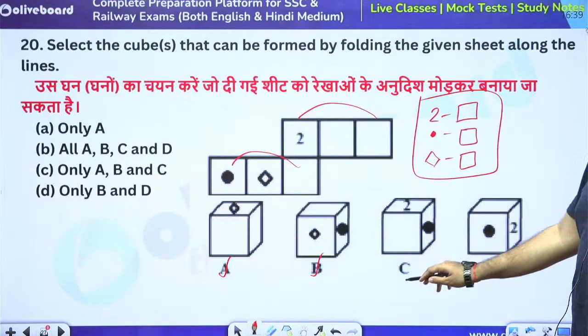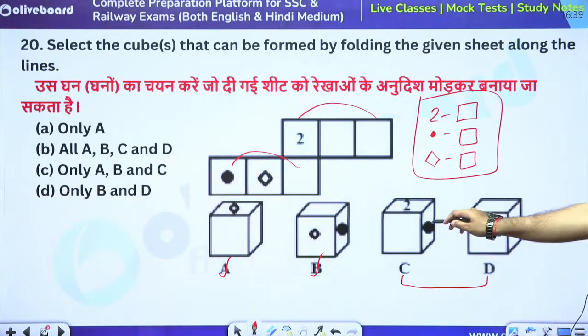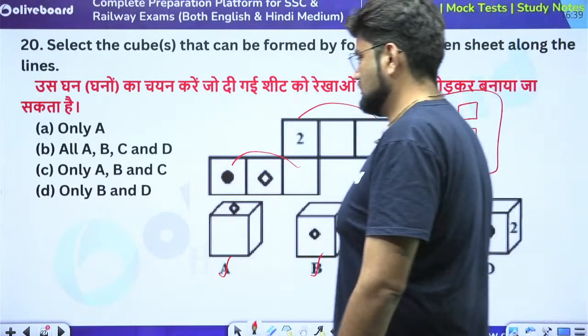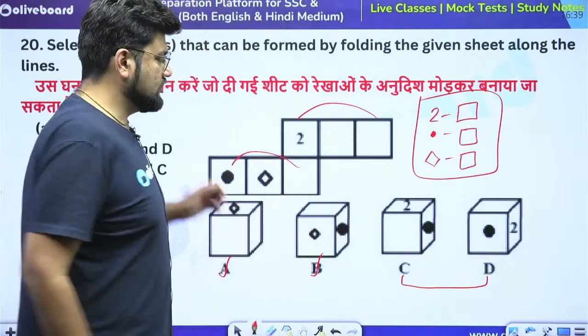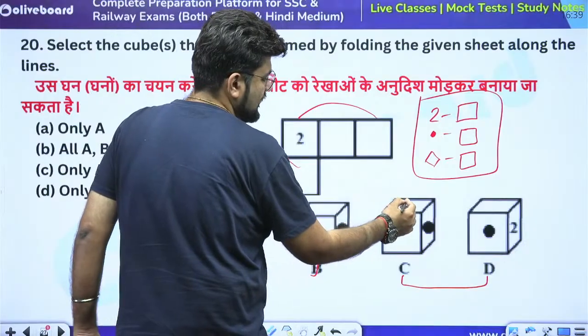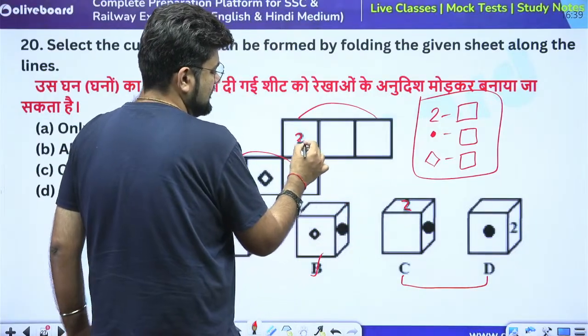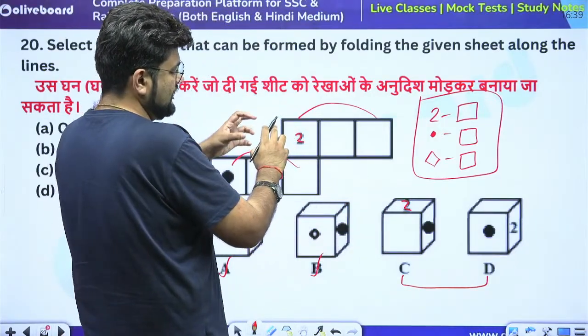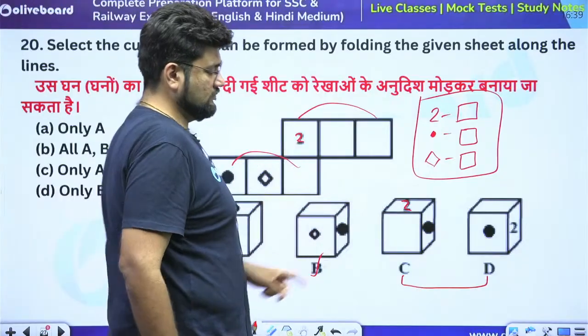Now if you observe these two, they are the same. They are just different orientations. But here the direction of 2 will not matter. Okay. If you observe the orientation of 2, supposedly 2 should be like this on the top. So if I keep this as it is, and if I try to bring this on the other side, this will not be possible.